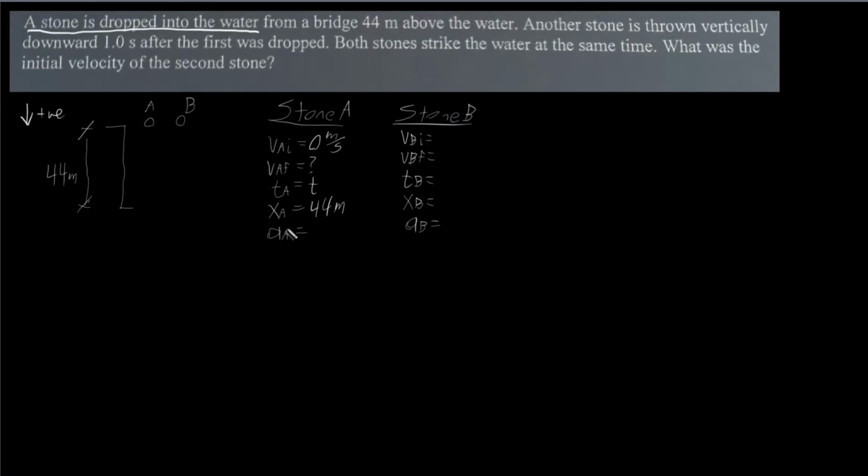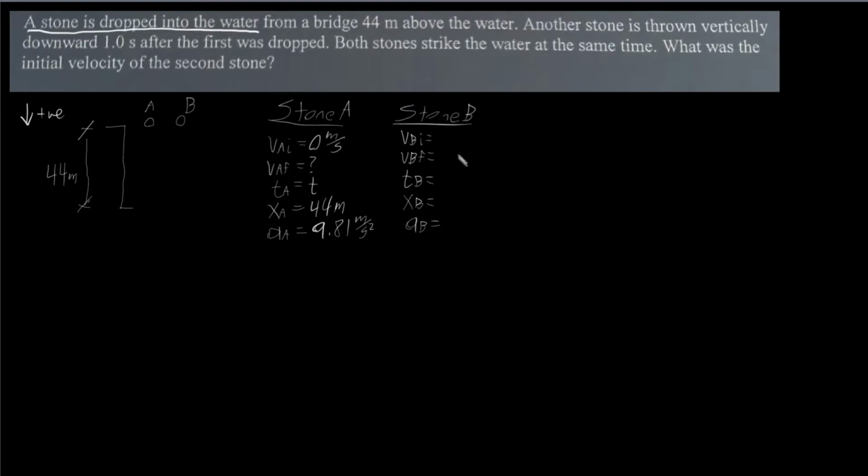Okay, and how about the acceleration of stone A? How quickly is stone A gaining speed as it moves downwards? Well, we can assume that this is taking place on Earth, so we could say that the acceleration is 9.81 meters per second squared.